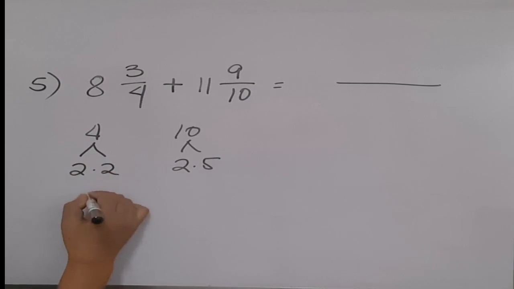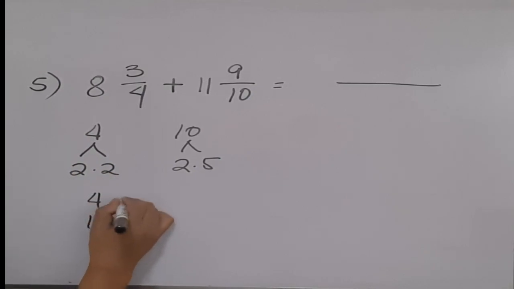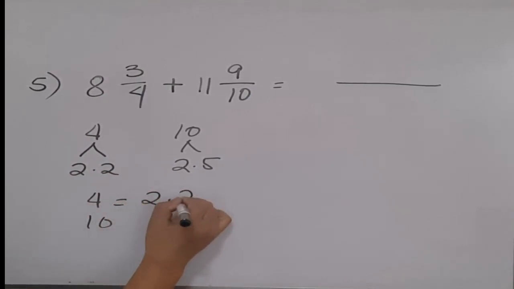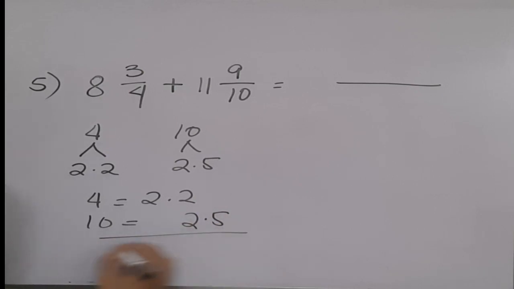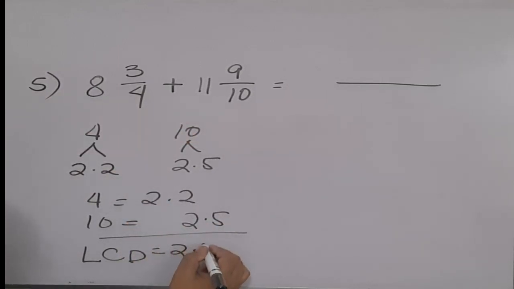Therefore, kunin natin ang LCD. 4 and 10. 2 times 2. And then, ihilera natin ang magkaparehas. 2 times 5. LCD of 4 and 10 is, baba natin, 2. Baba natin na magkaparehas, 2. And then, 5. LCD is, 2 times 2 is 4, times 5 is 20. So, gagamitin natin ang 20.